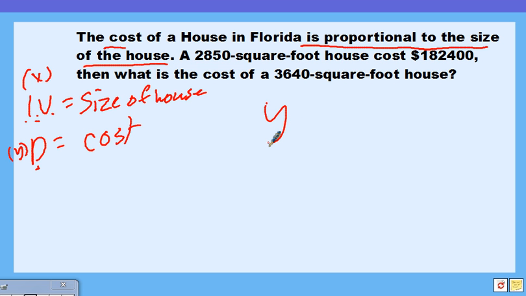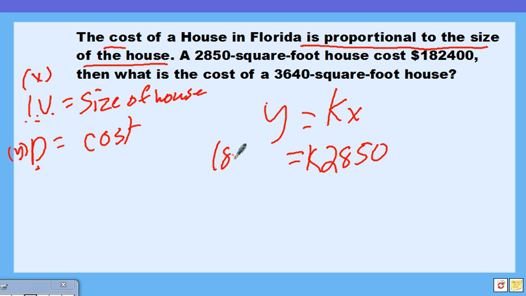So directly proportional says I need to use y is equal to kx. So let's use the information they already gave us: a 2,850 square foot house times some unknown constant is equal to $182,400.